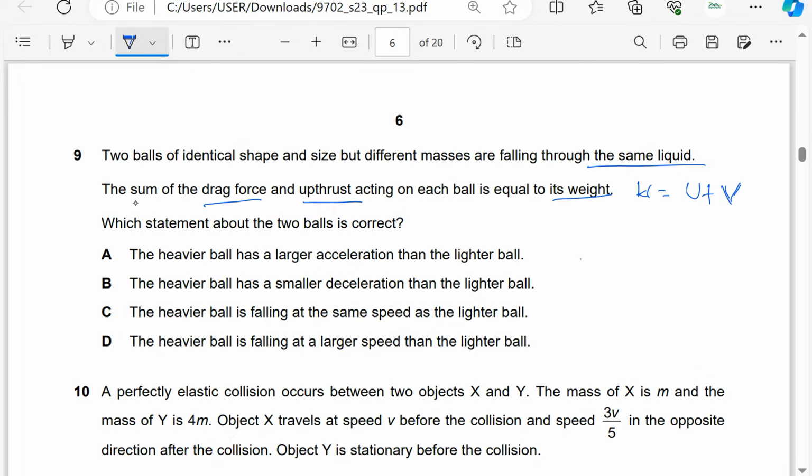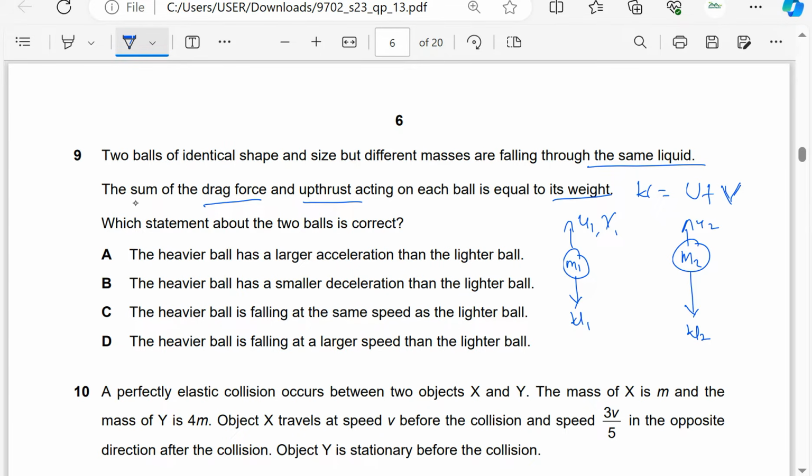Let me just sketch this. The first one is of mass, let it be mass M1. Its weight is W1. Let the upthrust here be U1 and the drag be V1. Then for the second one, its mass is M2, the weight is W2, and the upthrust is U2.